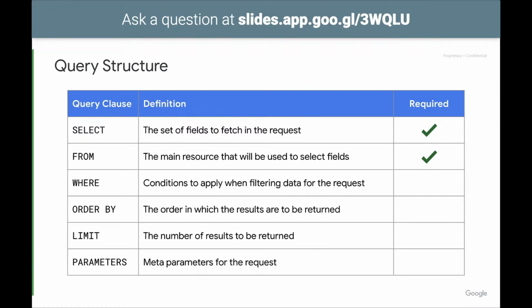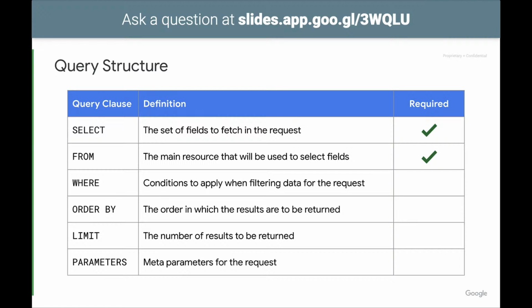If we just run through that left-hand column, you'll get a pretty good idea of what this syntax looks like. You select fields from a resource where certain filtering conditions apply. You can order your results, limit your results, and there's also this parameters clause. I'm not going to get into that today. You can check it out on the documentation website, but it's not that often used.